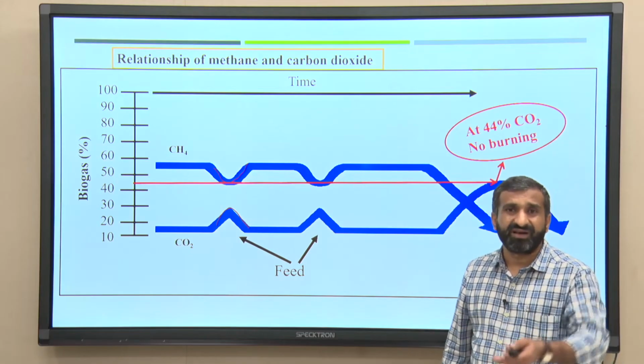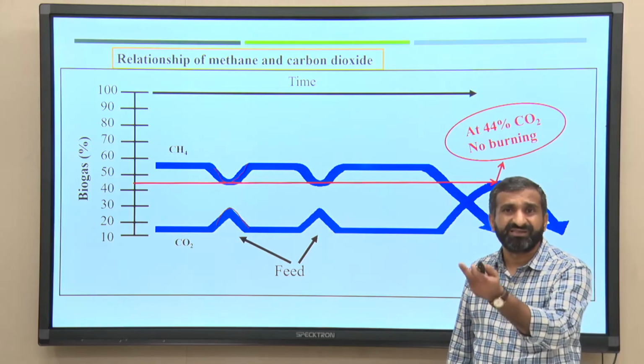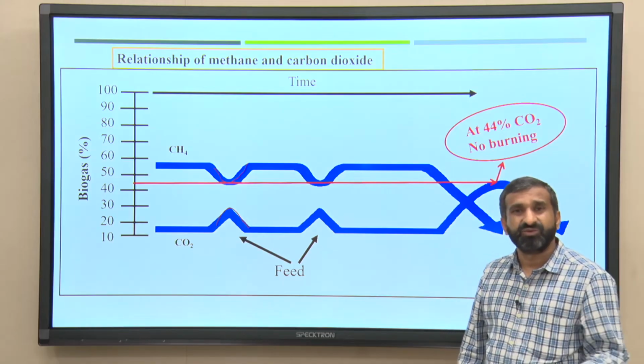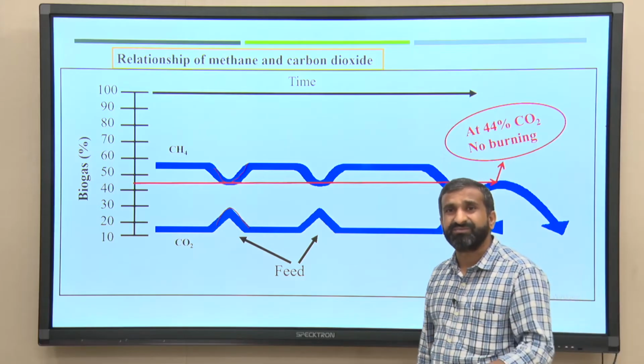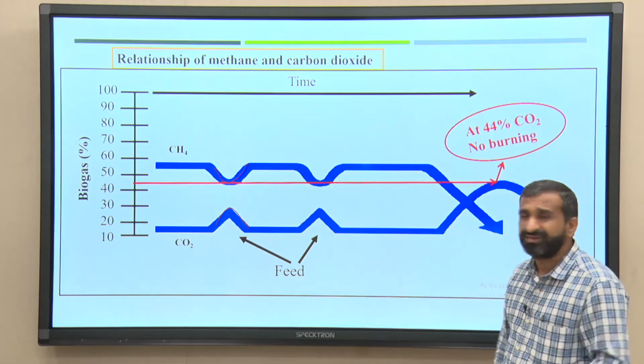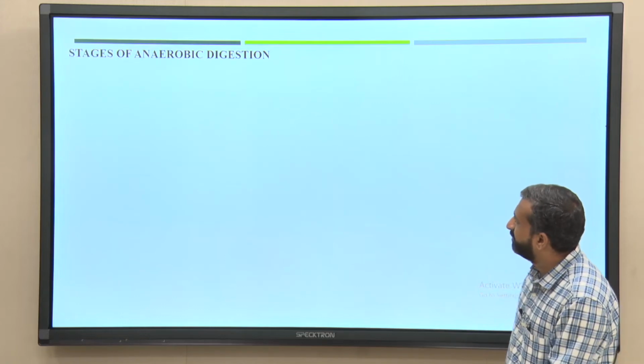Because of that the carbon dioxide percentage rose, and those kinds of reactors never came back to the same conditions.